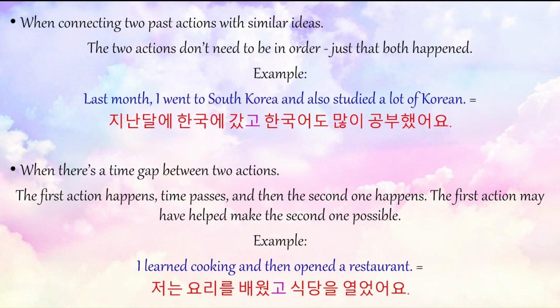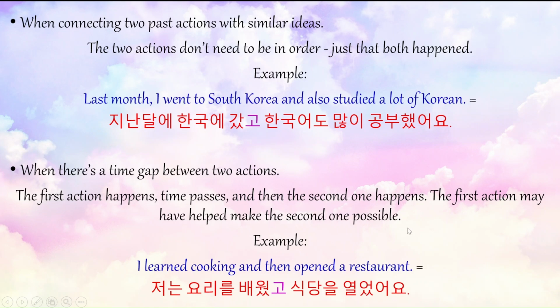Now the next situation where the first action or the first verb is conjugated is when there is a time gap between two actions. The first action happens, time passes, and then the second one happens. The first action may have helped make the second one possible.